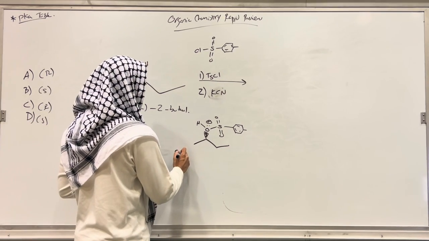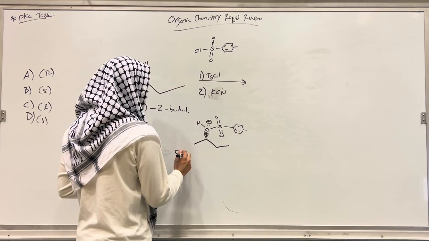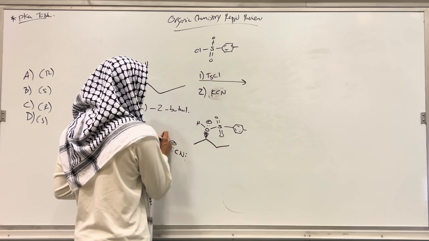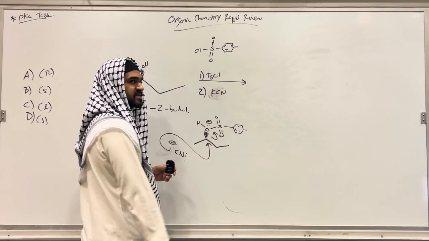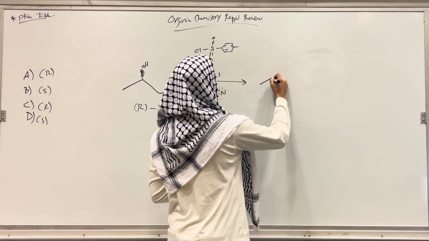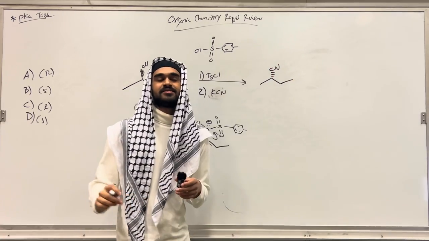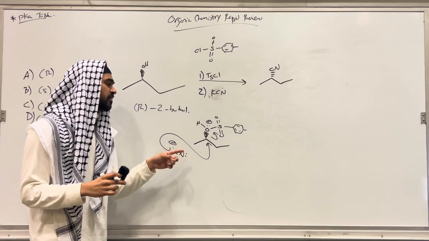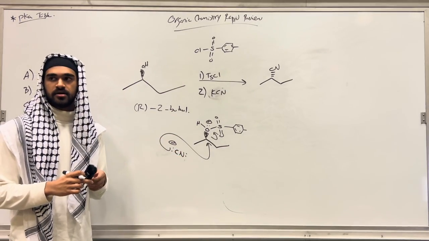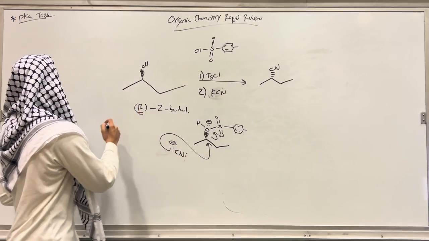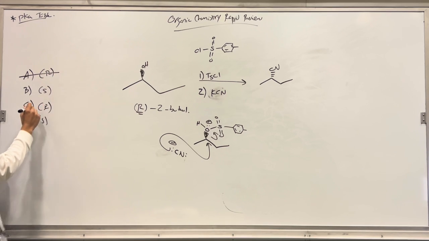So when the cyanide comes and backside attacks that, the cyanide's going to end up in the back. So the inversion of stereochem happens at the second step. But you are absolutely correct that you're going to pick S. So immediately, you can get rid of two of the answer choices, and now you have a 50% chance of getting it right, even if you don't know what happens.